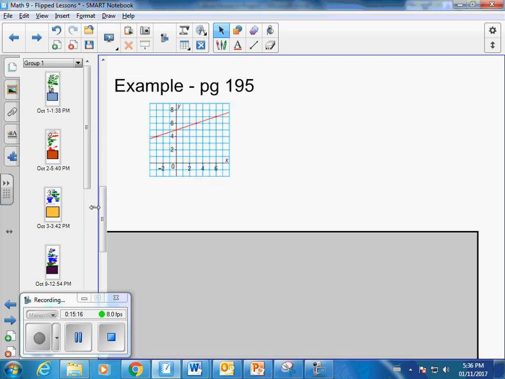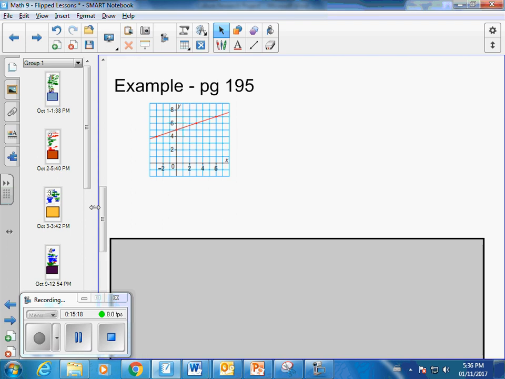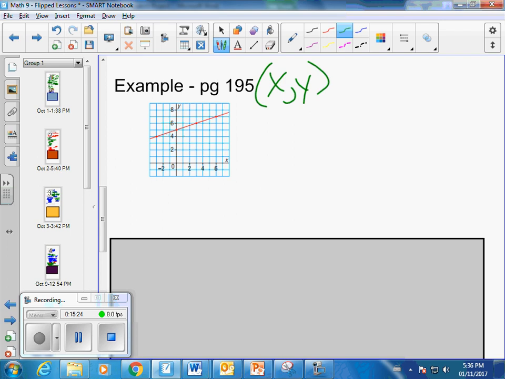I know I'm running a little bit long, but what we want to look at is what happens if we have graphs with XY coordinates. Our method doesn't change at all, but a lot of times people get confused. As soon as we start talking about X's and Y's instead of hours and minutes, few people get lost. Okay, so this example is from page 195.